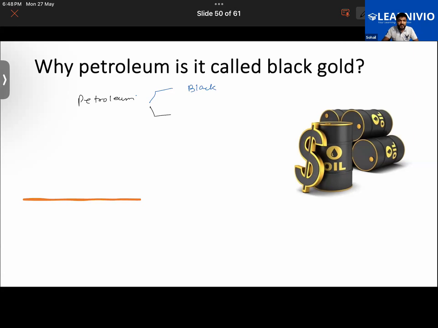It has such a good value. Lots of different components are obtained by fractional distillation of petroleum. For example, you have kerosene, petrol, diesel, wasteline, bitumen. So many substances are obtained from it. Because it is black in color and of its great economic value.